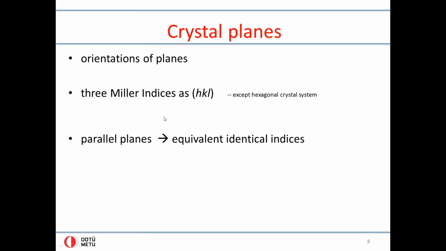the Miller indices, given within soft parentheses or regular parentheses, 3 indices describe every single direction, every single plane, within a crystal, within any crystal that you can choose, except a very special type of crystals called the hexagonal crystal system that we can ignore for this class.